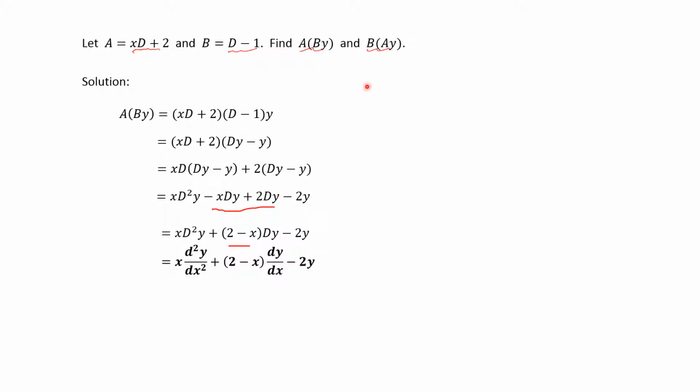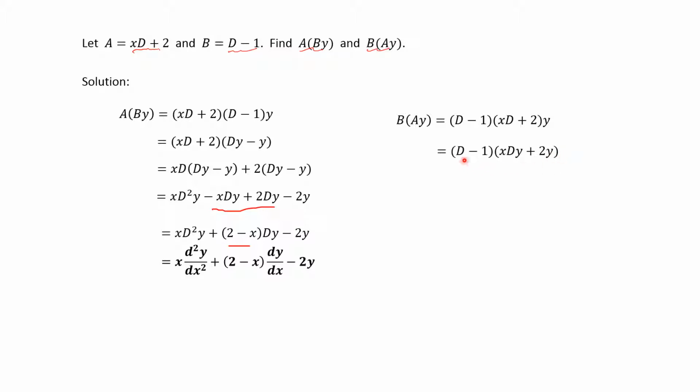Now, let's try B of Ay this time. Your B of Ay, start with D minus 1 and then xD plus 2, y. So start by distributing y there. So you have D minus 1 times xDy plus 2y.